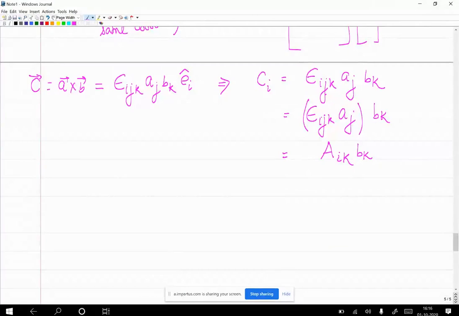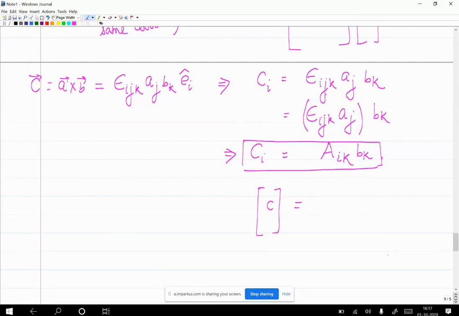All right. So Ci is big A ik into bk. And from this formula, you know that this means you have the column of C equal to the matrix of A multiplied with the column of B, isn't it?